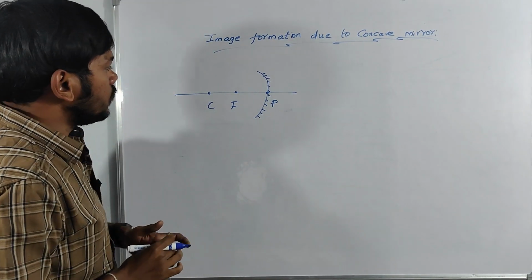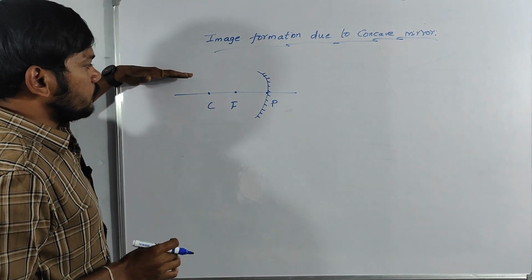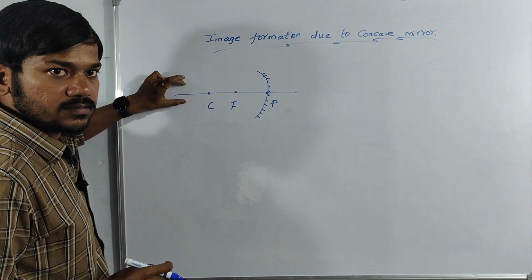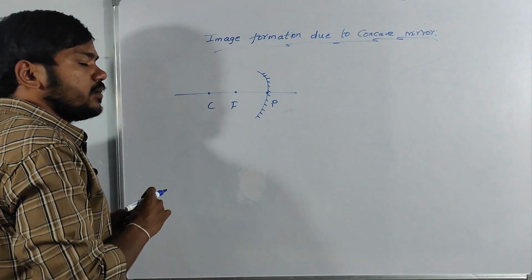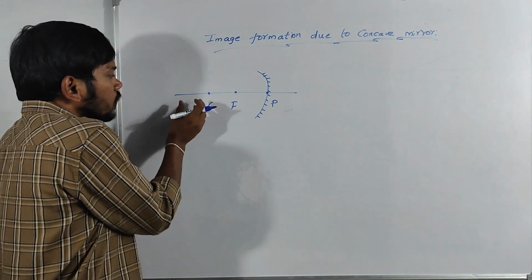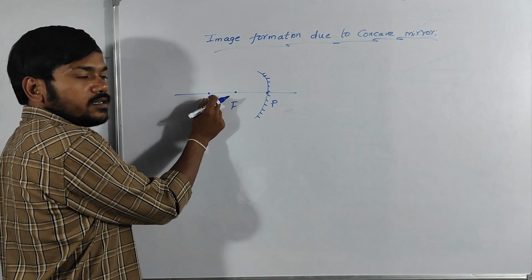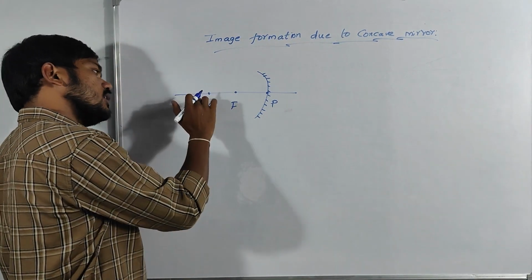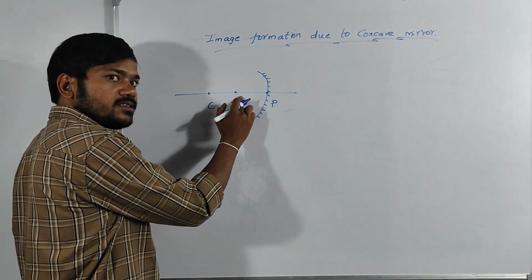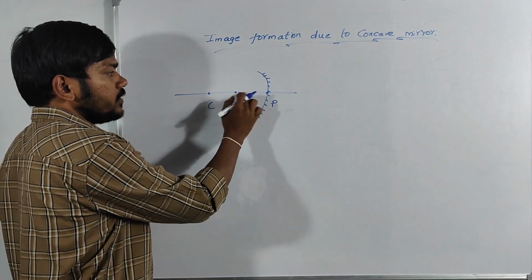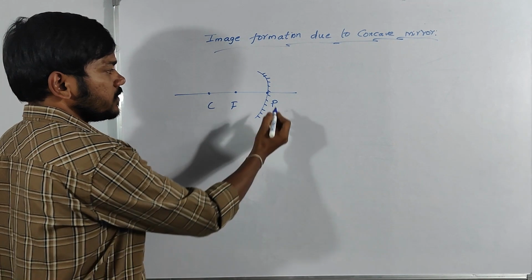If I keep the object on this principal axis, an image can be formed. Beyond C can be taken as a reference. If I keep the object on C, an image can be formed. Focus is a reference. Between C and F is also a reference. Between F and P is also a reference.